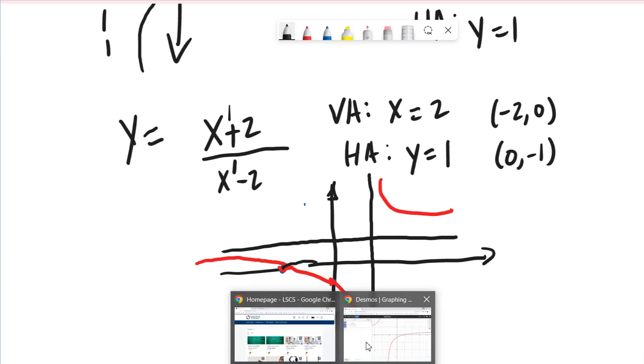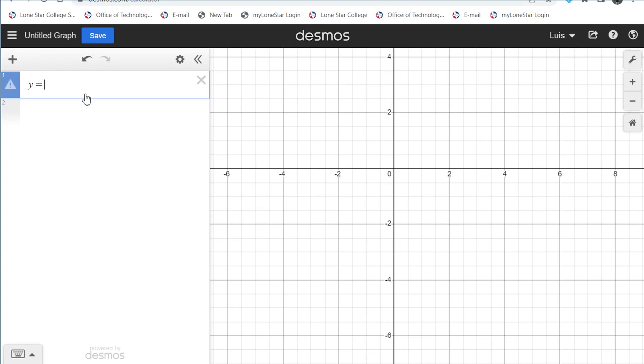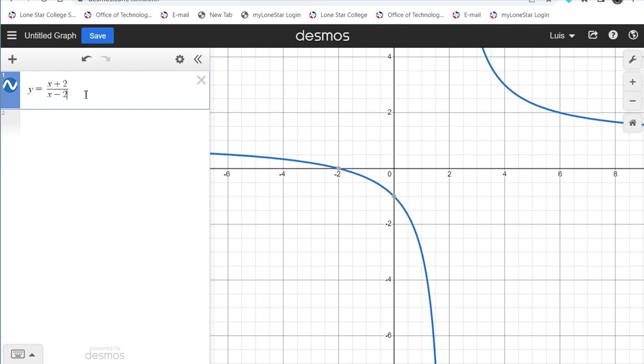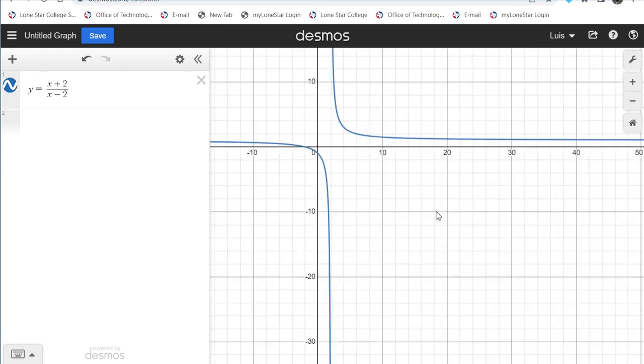Now, let's look at it in the x and y plane though. So y equals x plus 2 over x minus 2. Was it plus 2? Yeah, it was plus 2. There we go. So this is a much better graph.